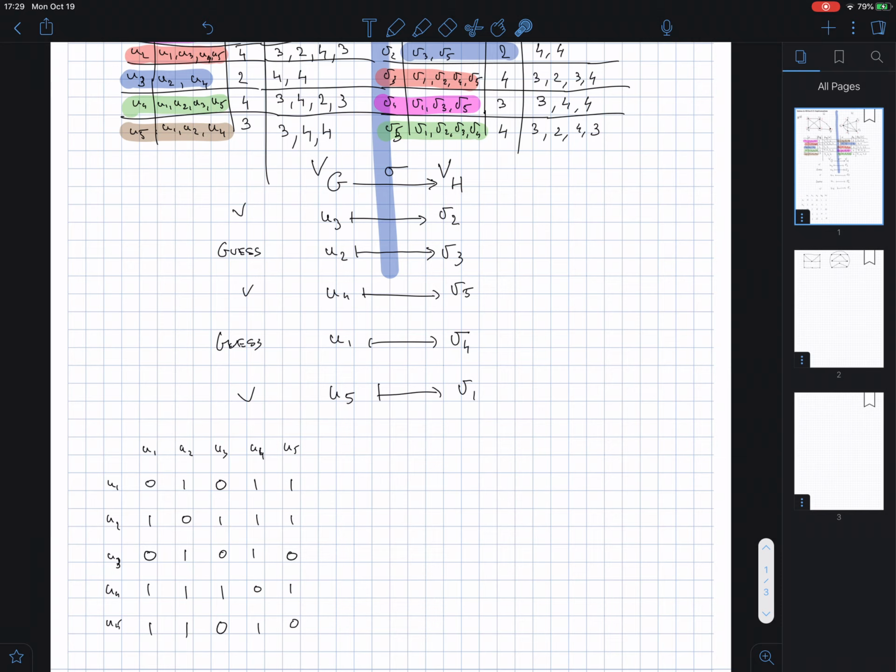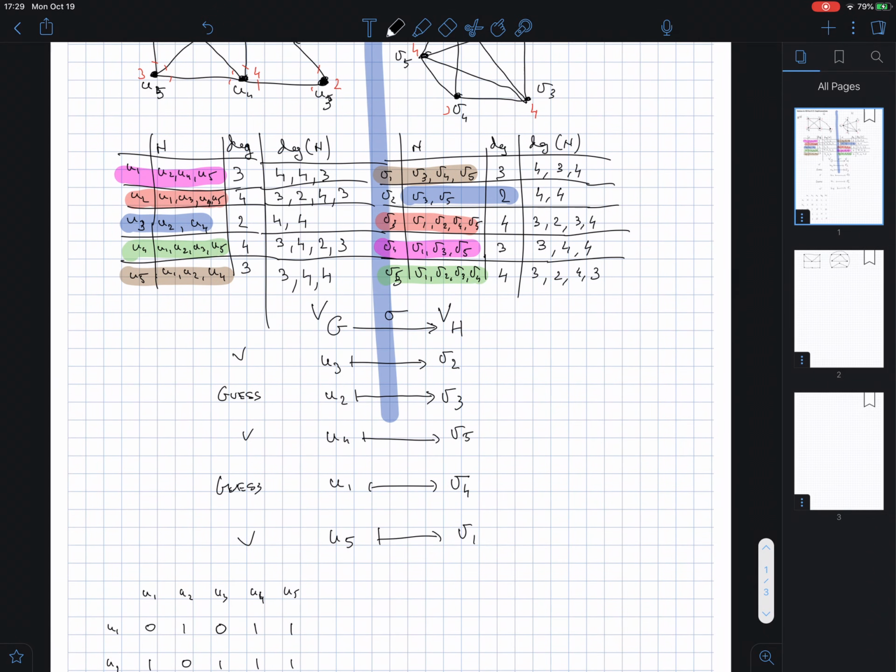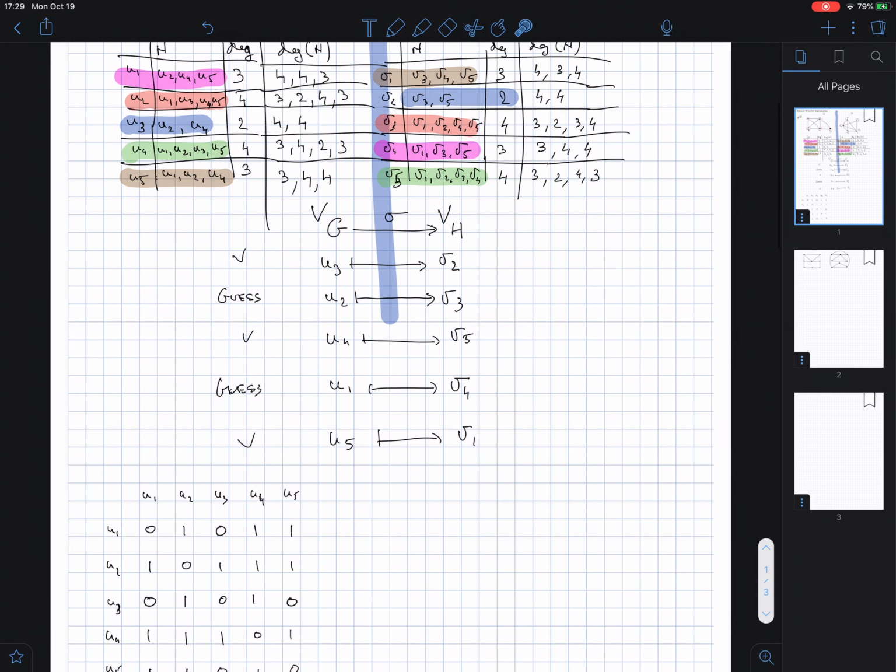Well, now we have to compare this one with the adjacency matrix on the right-hand side, but now not in the standard order, but in the new order that is given by this isomorphism. In other words, U1 has been sent to V4, so I'm going to put V4 first, and then U2 is V3, so then comes V3.